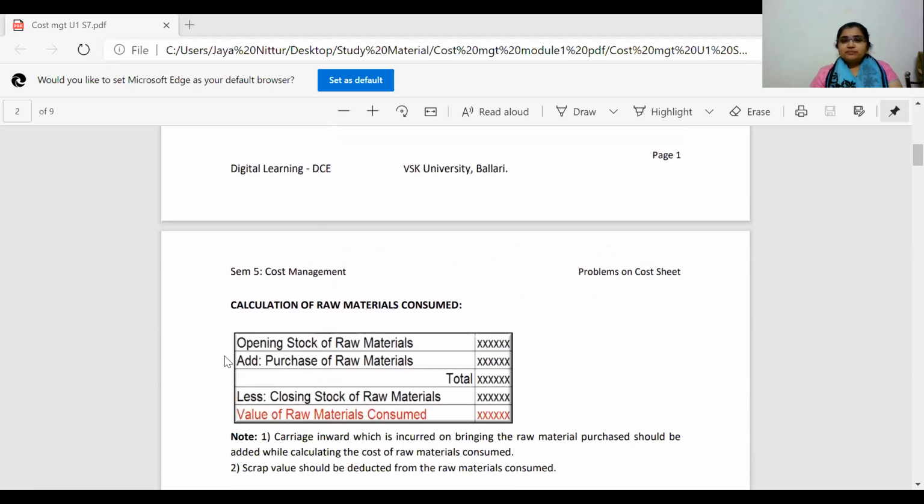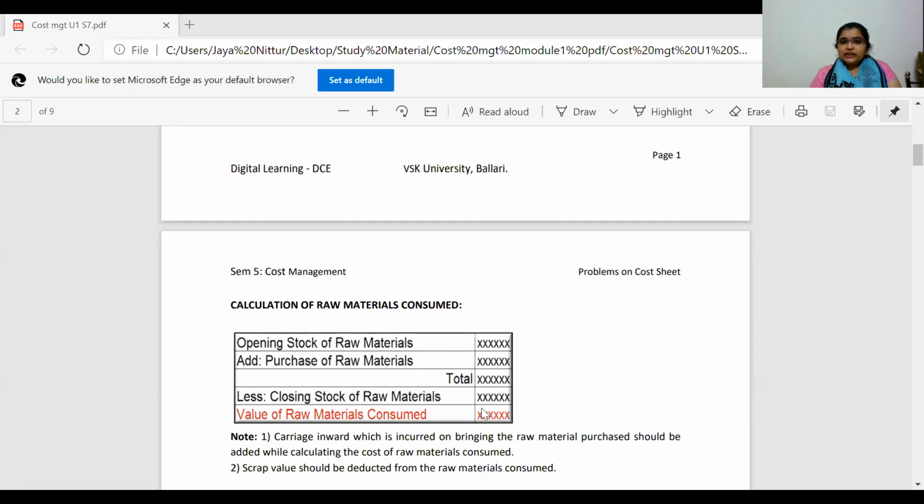We have a pro forma for the total raw materials consumed in an organization. First, we consider the opening stock of raw material and add the purchase of raw materials. If carriage inwards is given in the problem, we add it to this purchase, and then we deduct the scrap value from this total amount, and after the scrap value only we deduct the closing stock of raw material.